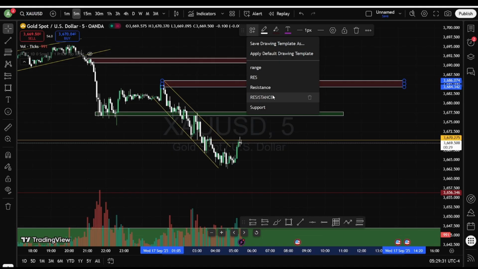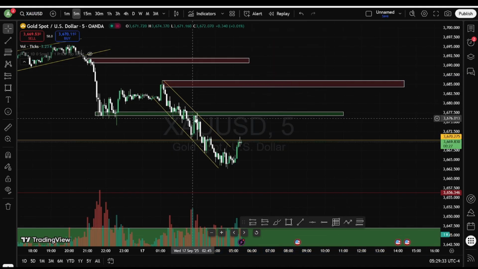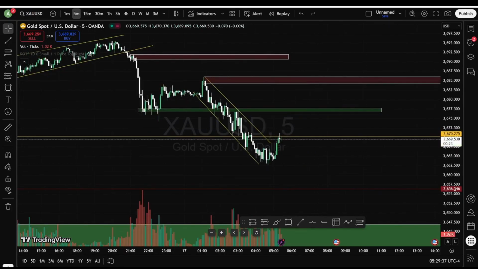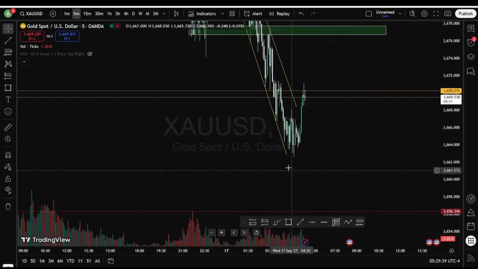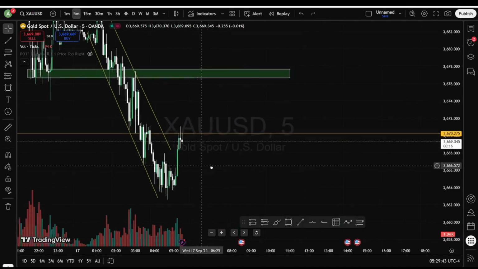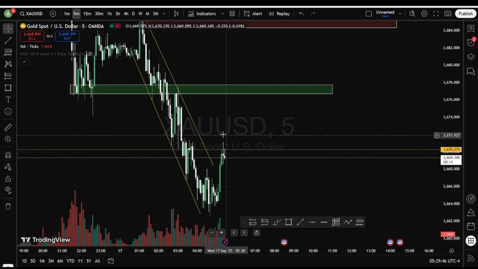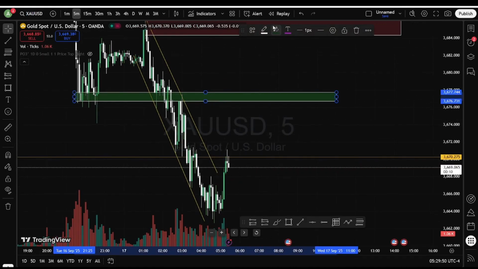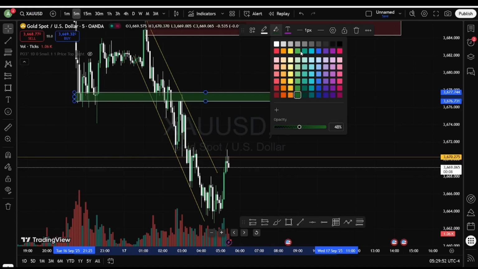Okay. So here, what is the price doing now? It grabbed all the liquidity here. It's trying to push up. Maybe it can go up to this resistance today in your session.